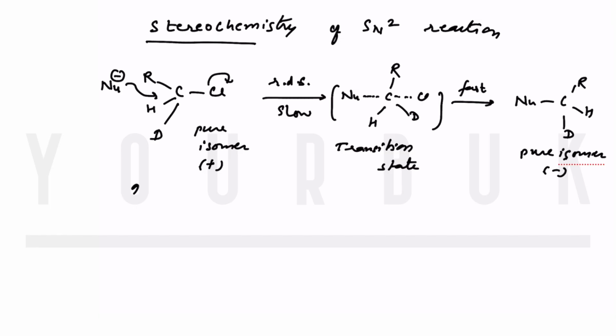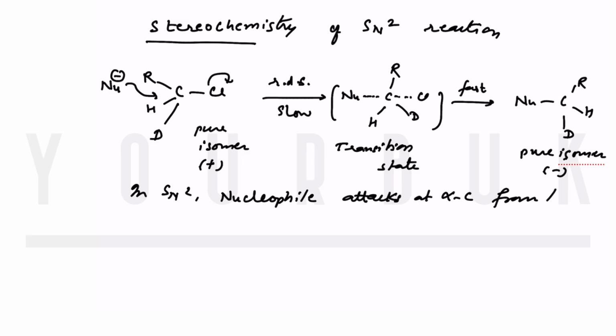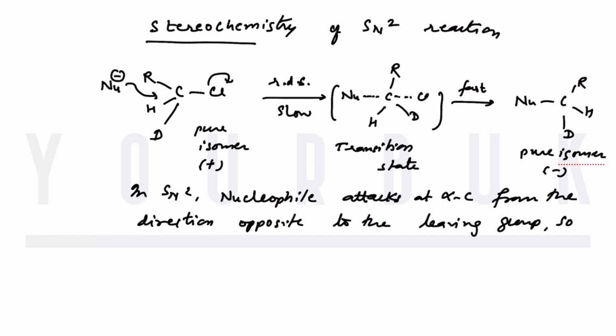Because in SN2, a nucleophile attacks the carbon from the direction opposite to the leaving group. So there is a change in the sign of optical rotation.